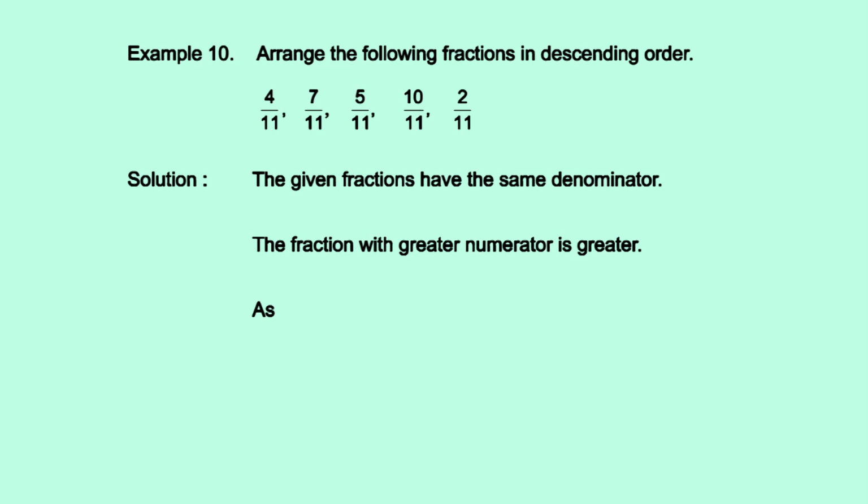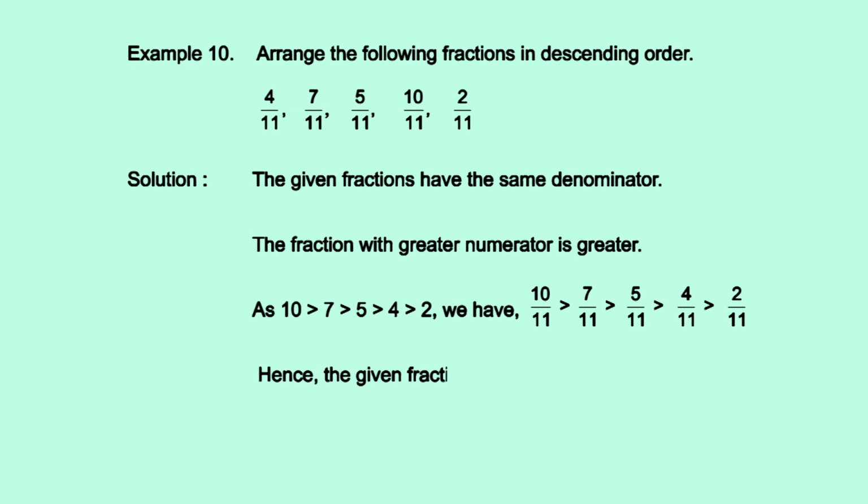As 10 is greater than 7, is greater than 5, is greater than 4, is greater than 2, we have 10/11 is greater than 7/11 is greater than 5/11 is greater than 4/11 is greater than 2/11. Hence, the given fractions in descending order are 10/11, 7/11, 5/11, 4/11, 2/11.